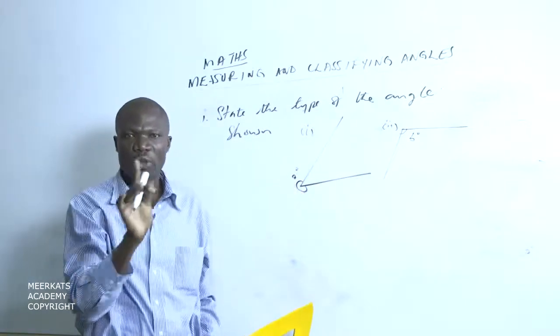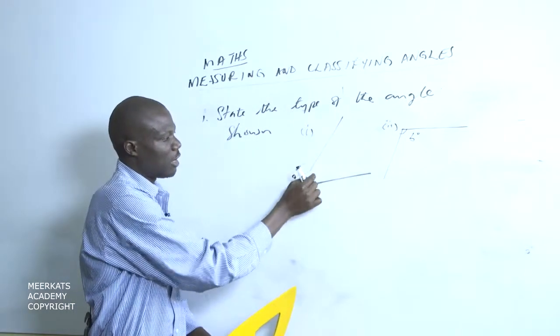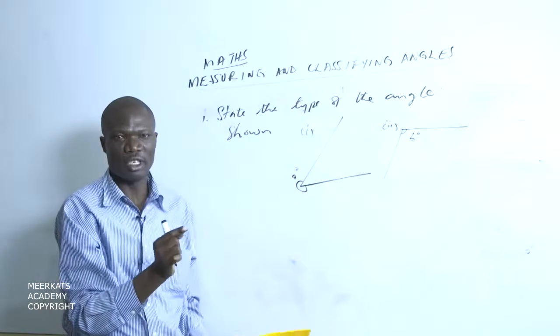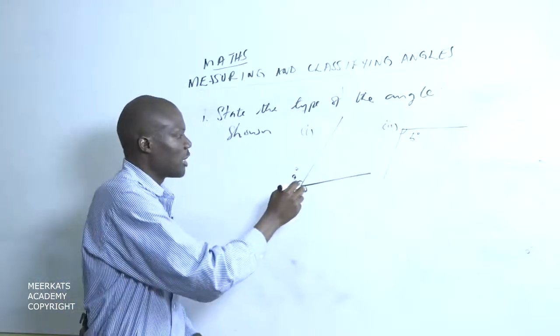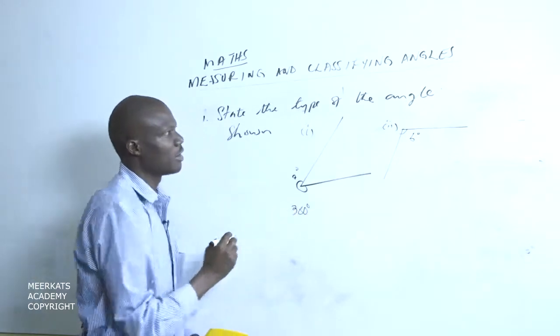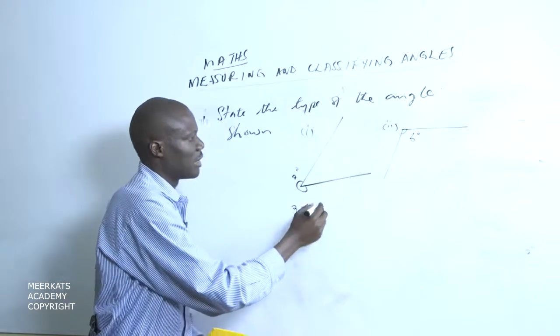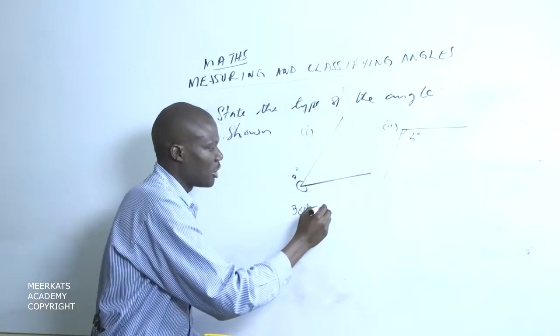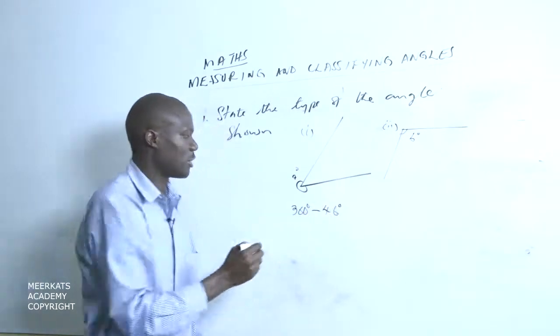But this is not what we want. It is 46 the inside, but the angle we want is the outside. So for us to get that, we shall take a complete revolution, which is 360 degrees minus what we've measured, 46 degrees.